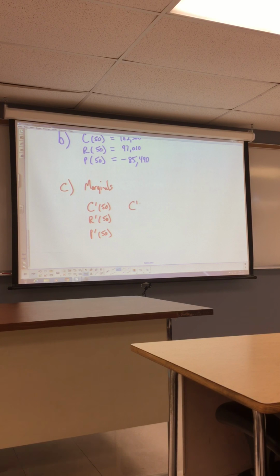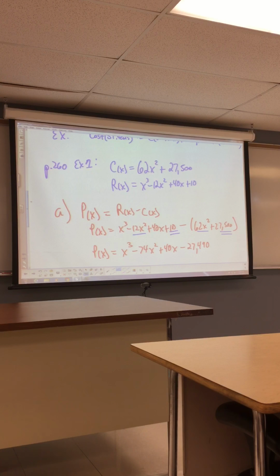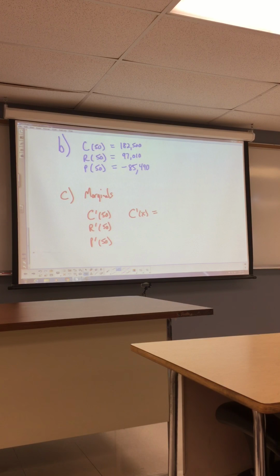So C prime of X, if I go back up to my cost function, is gonna be what? 124x. 124x, that's all there is to it. So that means C prime of 50 is just gonna be 124 times 50. And 124 times 50 is 6,200. Okay, so what did we just figure out?